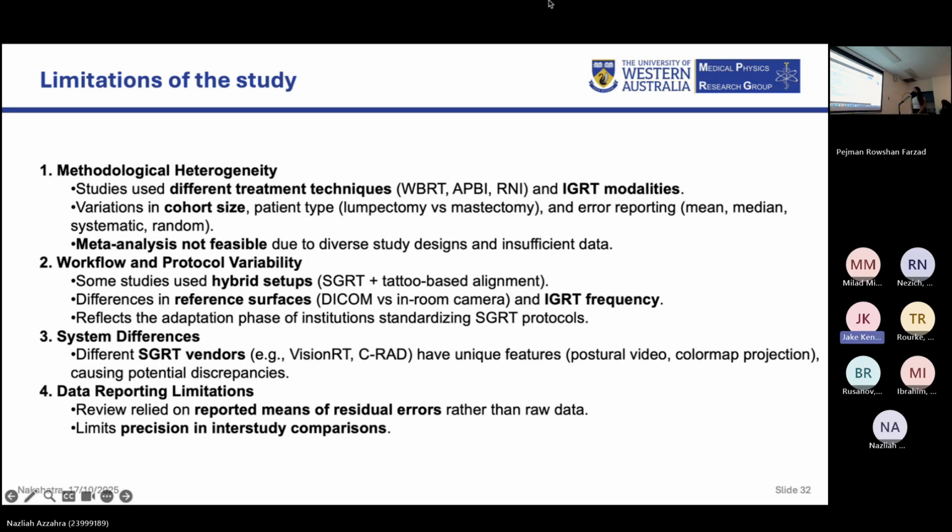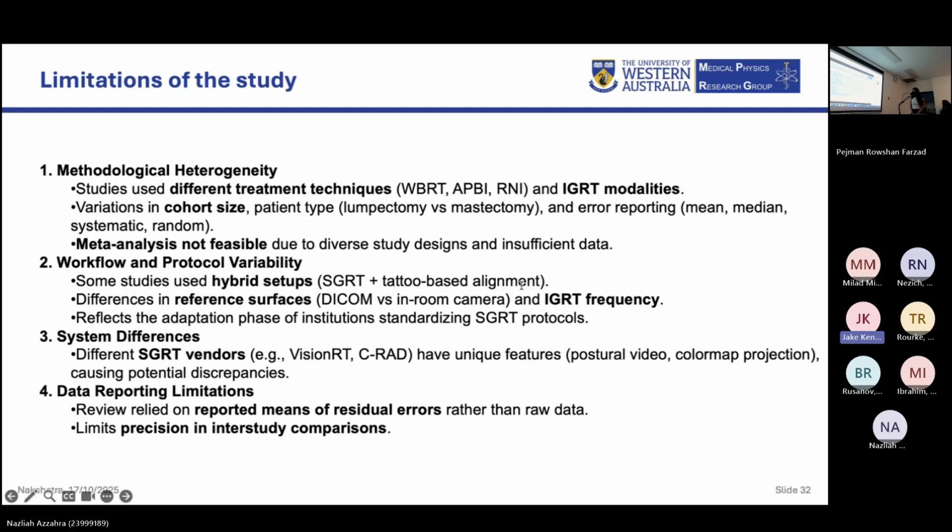There were also differences in the reference surface used and also the adaptation, basically the workflow, because until 2022 there weren't any guidelines on SGRT and it was just on a trial basis. The system differences are another point.